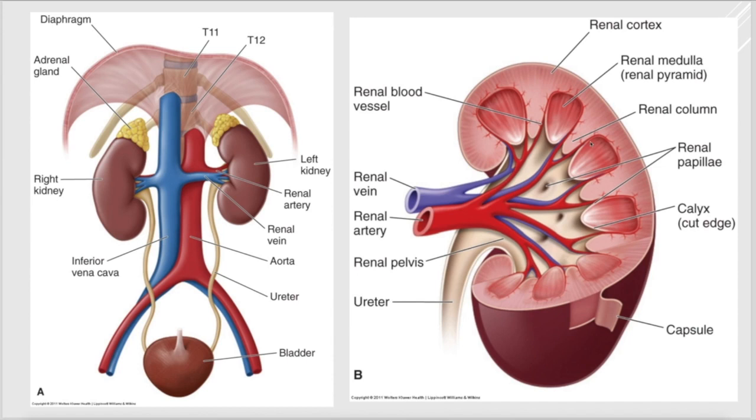The outer portion is the cortex. At the ends of these renal pyramids, you have the renal papilla, which drain into these minor calyces, which drain into major calyces, which will drain into the renal pelvis, into the ureters, so on and so forth. I'm not going to ask any of those anatomical questions unless they pertain to the disease.